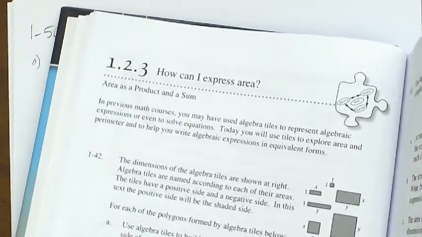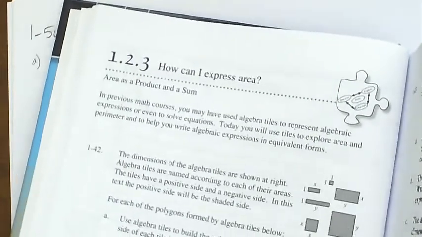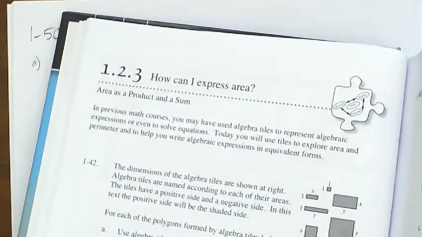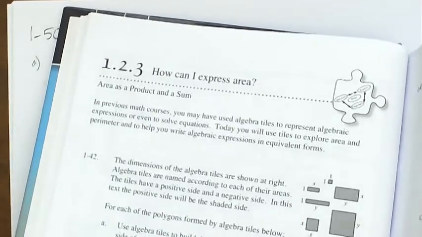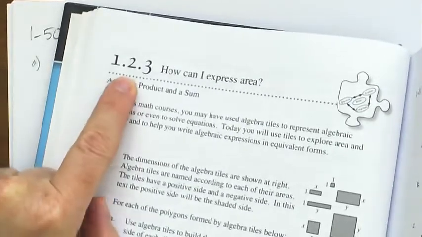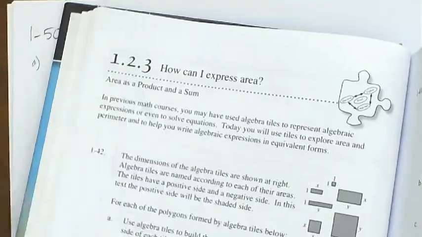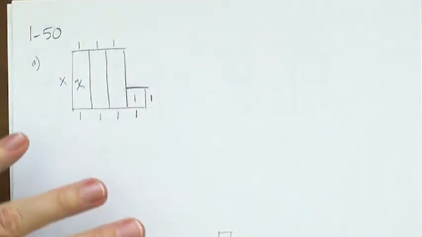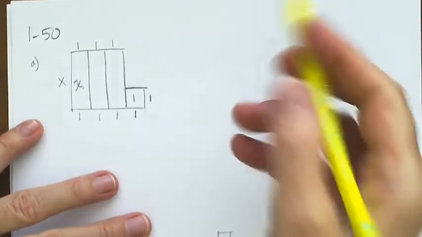If you look at my video that shows you how to use the ebook, I think I demonstrate this. This comes in really handy if you want some tiles and you're not around the classroom. So if you're using the ebook, go to lesson 1.2.3 so that you are looking at the problem, and then pause the video if you need to draw this diagram.